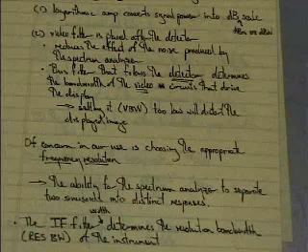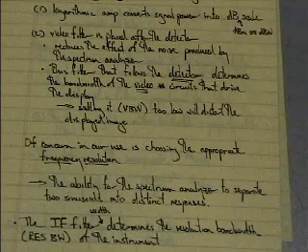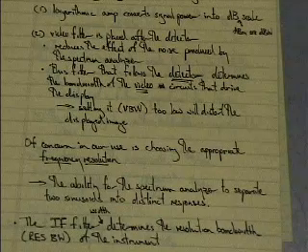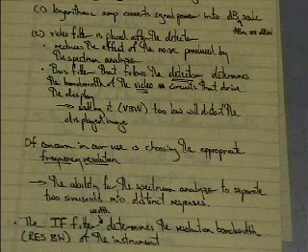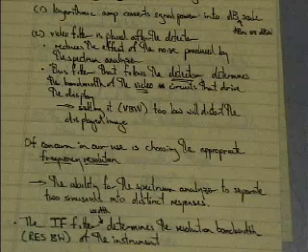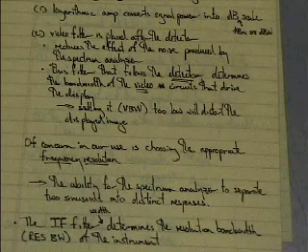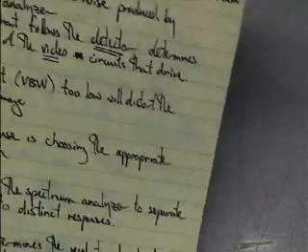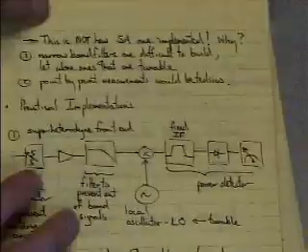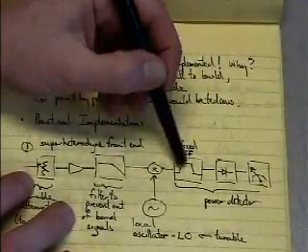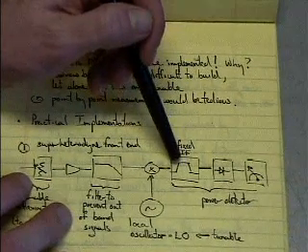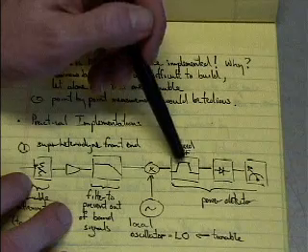Now, as I start bringing these two frequencies closer and closer together, you're going to find a point where you no longer see two peaks on the display. You're only going to see one peak. And what's happening, if we go back to our diagram here, is this is basically the transfer function of my spectrum analyzer.